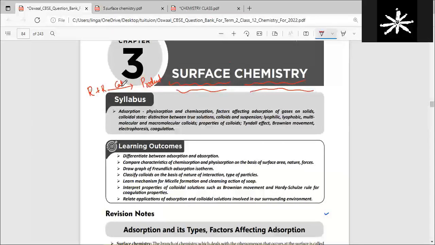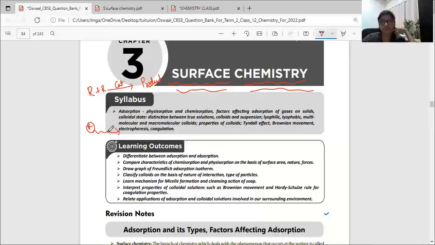In the last chapter, we discussed how fast a reaction can complete, the kinetics of chemical reactions. Today, in this chapter, we will see how the reactant surface is involved in the rate, and what the importance of the surface is in a chemical reaction.